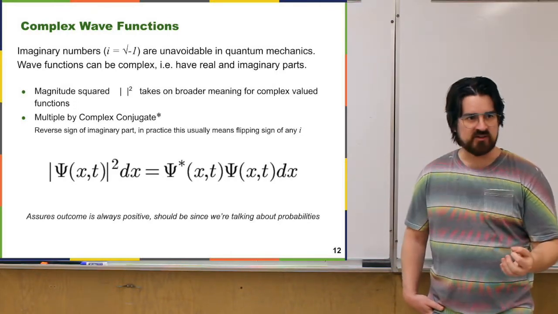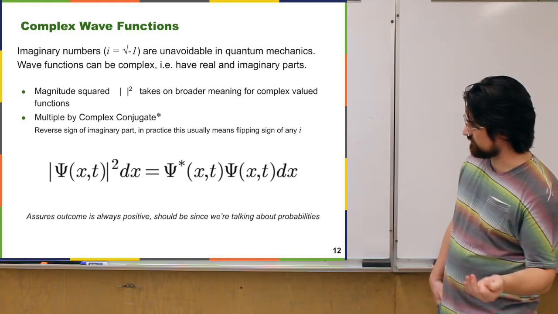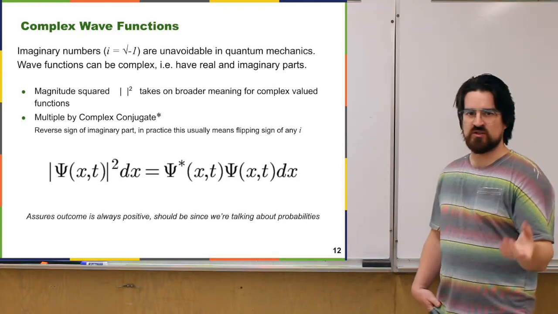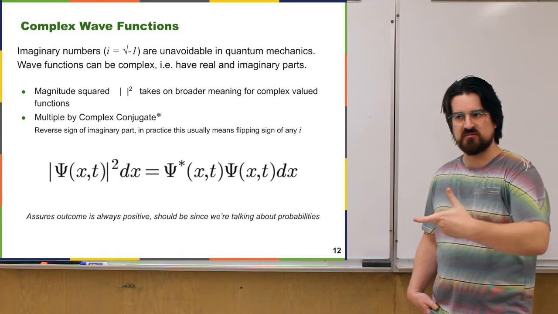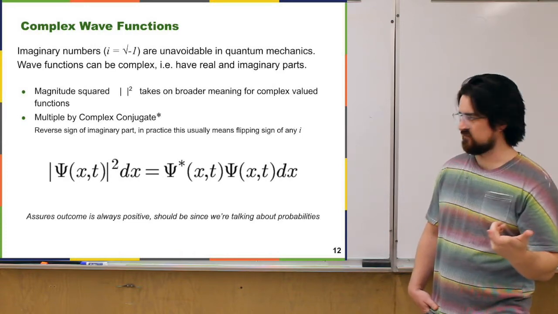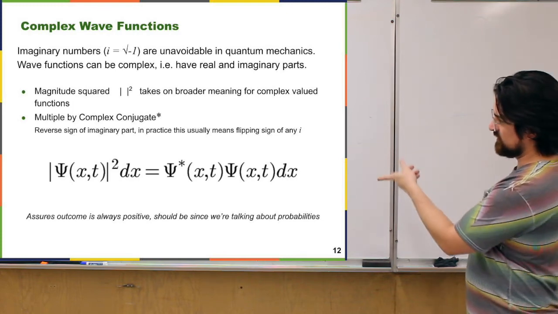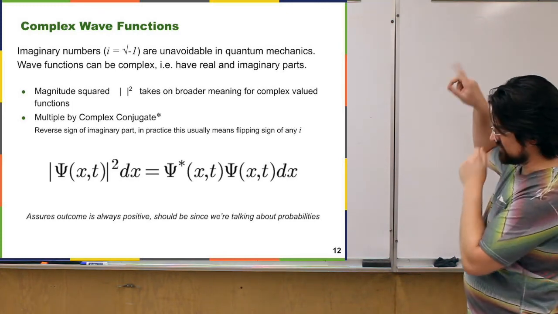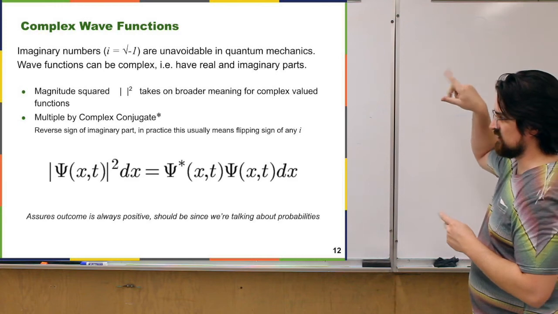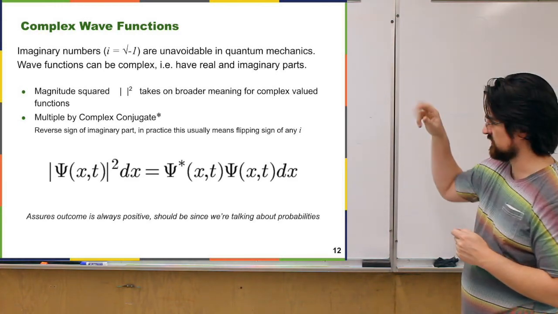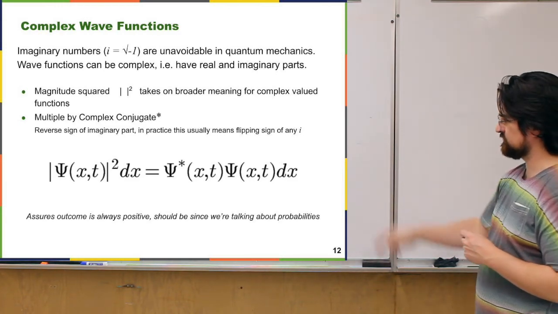When you have a complex function, the magnitude squared of that function now means you multiply that function by its complex conjugate. So down here we show that the square magnitude now means the complex conjugate, that little star or asterisk, is saying this is the complex conjugate of this function. And we're multiplying those two things together.